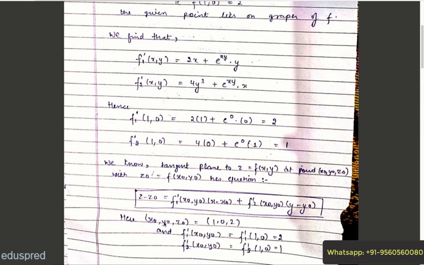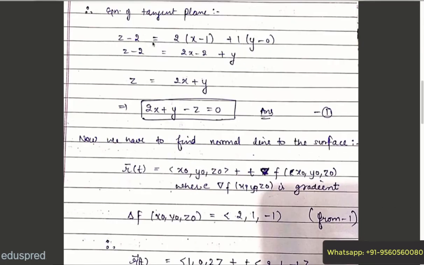Now here your (x0, y0, z0) is (1, 0, 2), and your f1'(x0, y0) is 2, and f2'(x0, y0) is 1. Now substituting all the values in this equation, the equation of the tangent plane becomes z minus 2 is equal to 2 multiplied by (x minus 1) plus 1 multiplied by (y minus 0), which is z minus 2 is equal to 2x minus 2 plus y, or 2x plus y minus z is equal to 0.